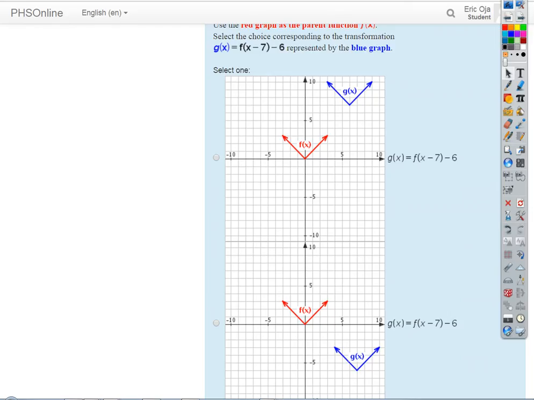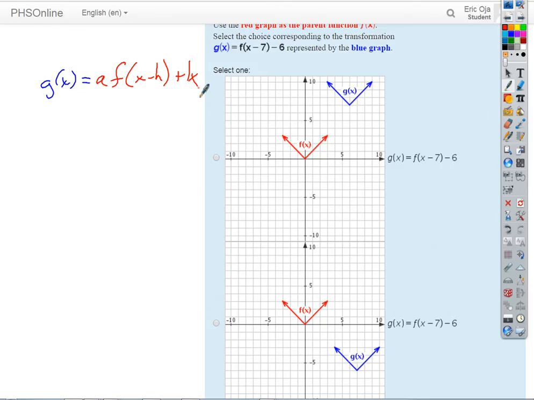So if we're going to compare g of x to f of x, remember, all we have to do is multiply a times f of x minus h, plus k. The values of a, h, and k will do all the things we need it to do, right?